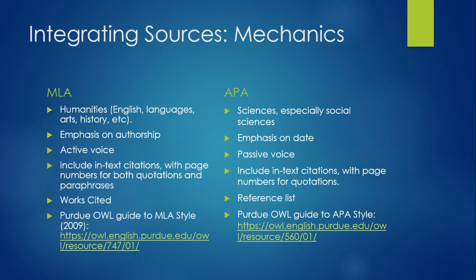Page numbers should be cited in APA in the reference list at the end. And that's another small difference. It's a reference list as opposed to a works cited included at the end of your essay. For more on APA style, see the Purdue OWL guide on that mode of writing, and I've given you the URL here.